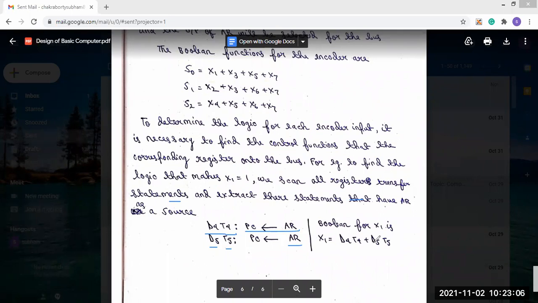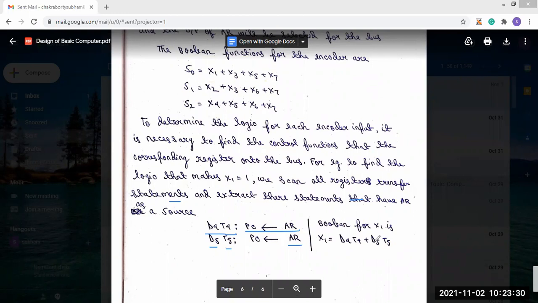Third, the signals S2, S1 and S0 to select the register output, which register will get permission for the bus at that moment. Fourth, the signals to set, clear or complement the flip-flop. And the fifth, the signals to control the adder and logic circuit.